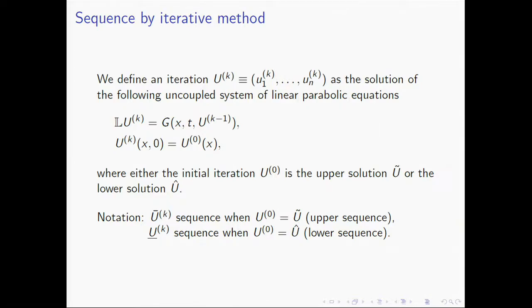So we define the following iteration for the problem. We start with an initial iteration and define this. We know the solution at level k minus 1 to obtain the solution at level k of the iteration.